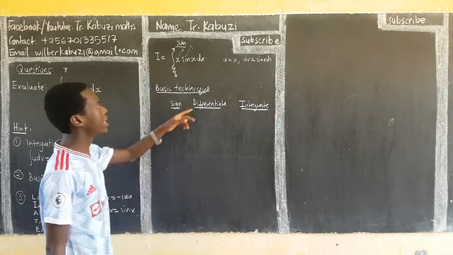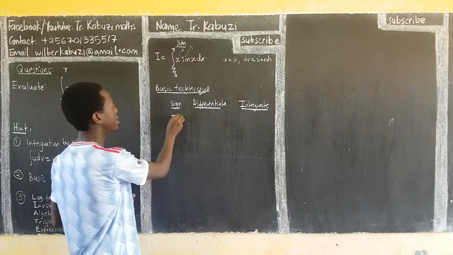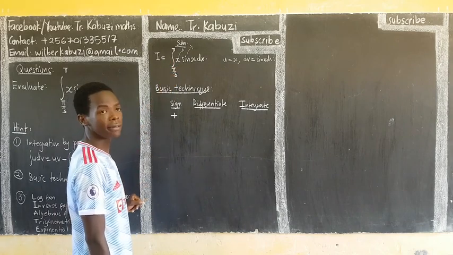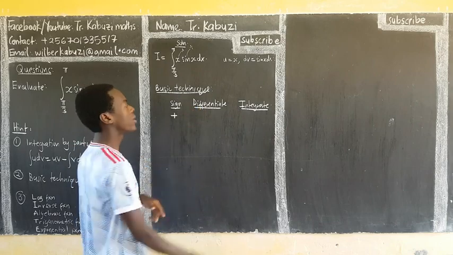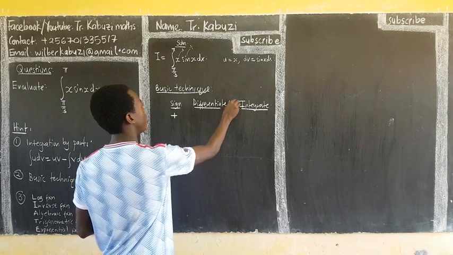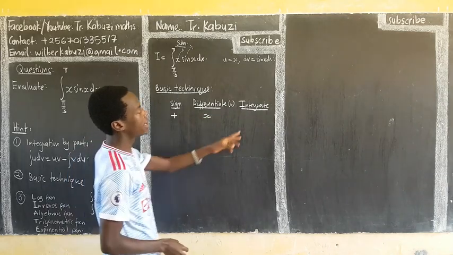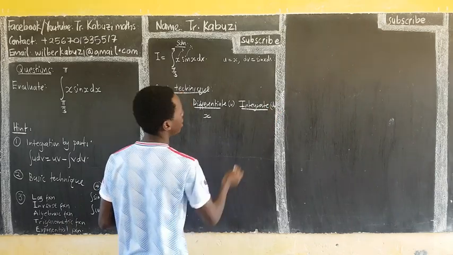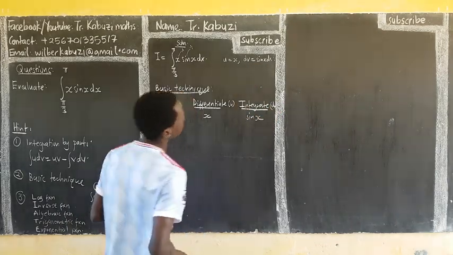Now, always our u is the function we put here. The sign that you use first is positive, as you can see there. Then the function that is easier to differentiate is what we call our u. So this one is going to be our u, which is x. Then the function to integrate is going to be our dv, which is sine x.